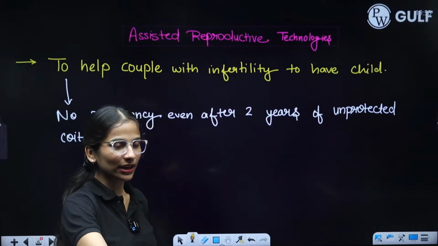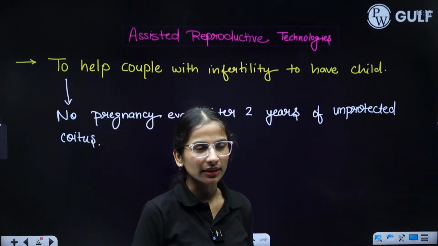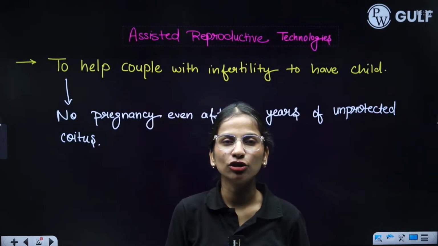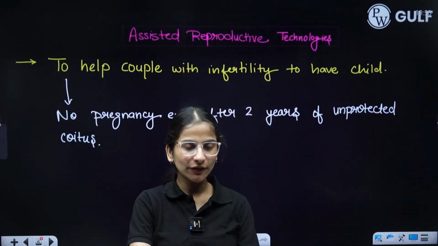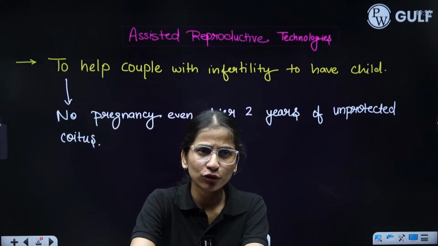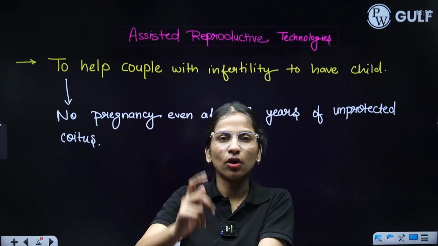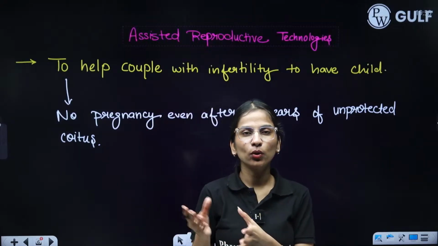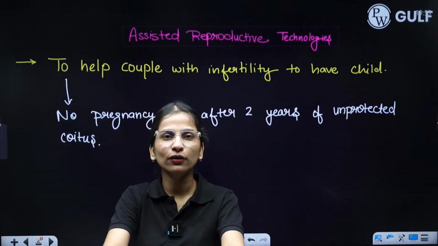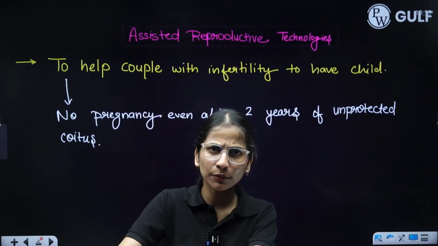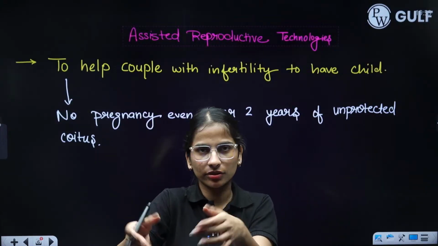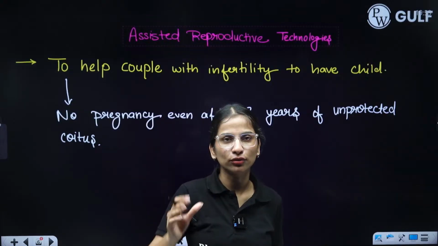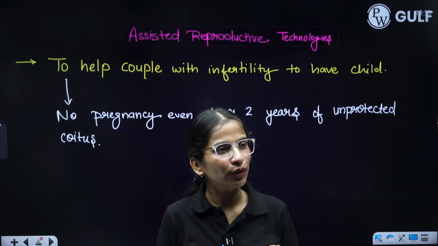Okay, so Zobia, we were discussing what is infertility, so I will repeat one more time. Infertility is when a couple is not able to conceive a child even after a few years. We usually take 1 to 3 years, or 2 years, of unprotected coitus. Unprotected coitus means sexual intercourse without any kind of contraceptive method. If a contraceptive method is used, the couple is not conceiving because of the contraception, not because of infertility.